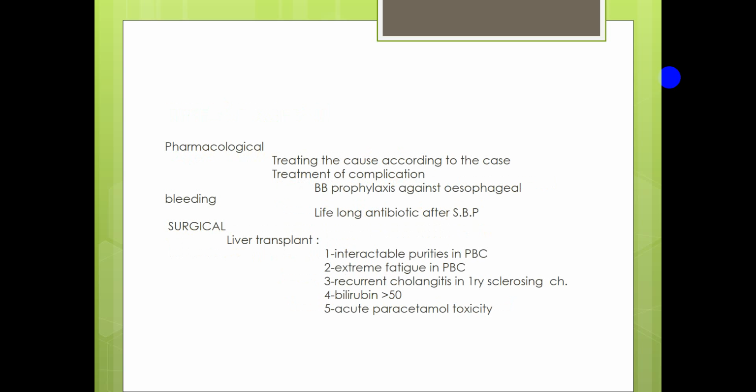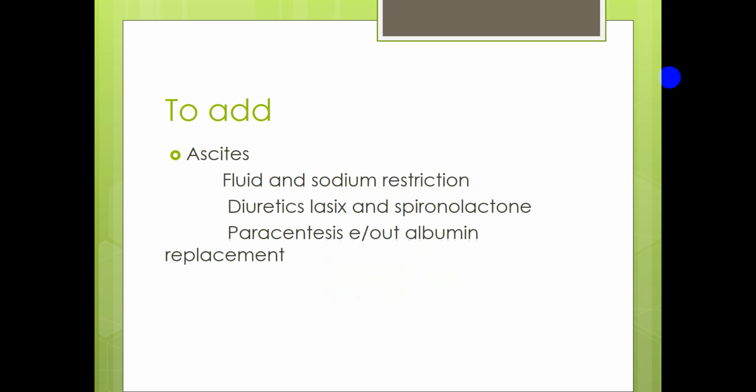Treatment for the complications includes beta blockers as prophylaxis against esophageal varices bleeding, and lifelong antibiotics after spontaneous bacterial peritonitis. The surgical treatment is liver transplant. The indications for liver transplant would be intractable pruritus in primary biliary cirrhosis, extreme fatigue in primary biliary cirrhosis, recurrent cholangitis in primary sclerosing cholangitis, bilirubin more than 50, and acute paracetamol toxicity.